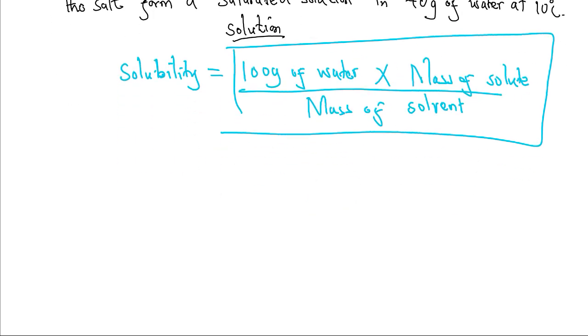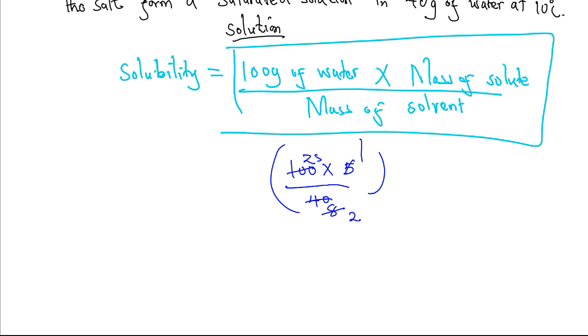So that means we have 100 times the mass of the solute, which is 5, over mass of solvent, that is 40. That is 1 to 8. Then that divides 4 to 425.